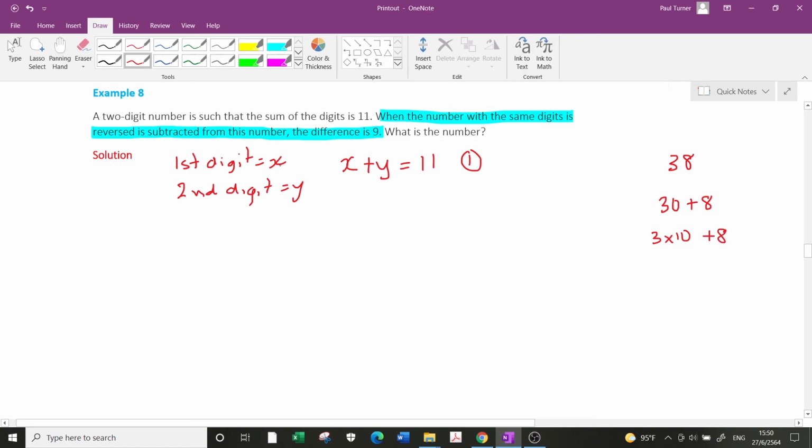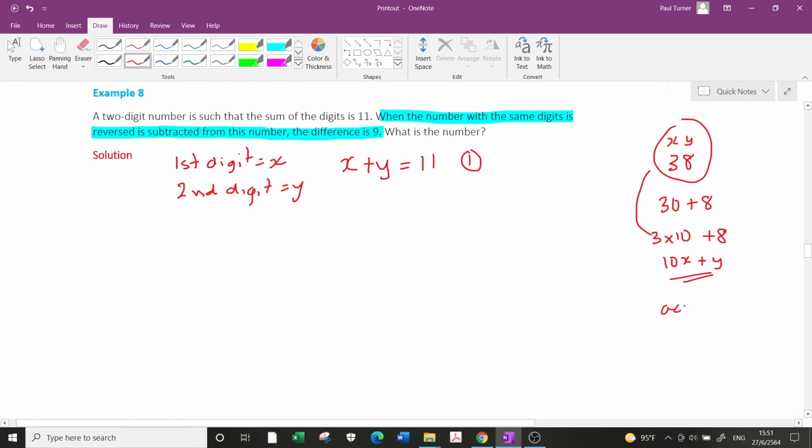Notice here, our digits are x, y. Okay, so that needs to be written as 10x plus y. So this would be 10x plus y. So that's the actual number. The digit is xy, but the actual number is 10x plus y.